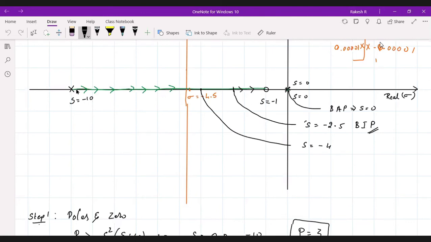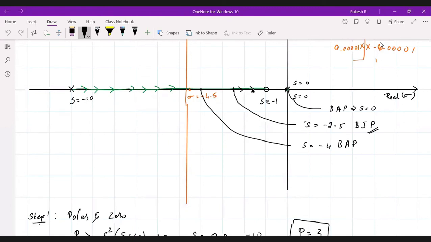So when we have only a pole here, that becomes a breakaway point. If we have a pole towards right or left, that becomes a breakaway point. If we have 0 towards right or left, that becomes a break-in point. And this is what you need to remember here, right? Towards left, we have a pole, so this becomes a breakaway point.